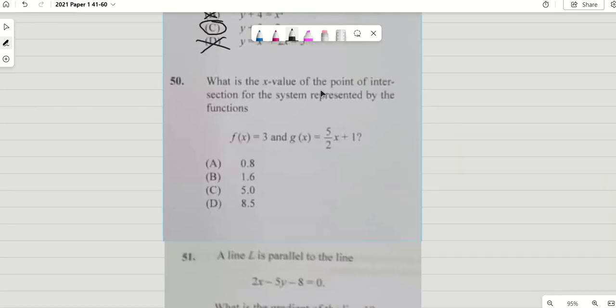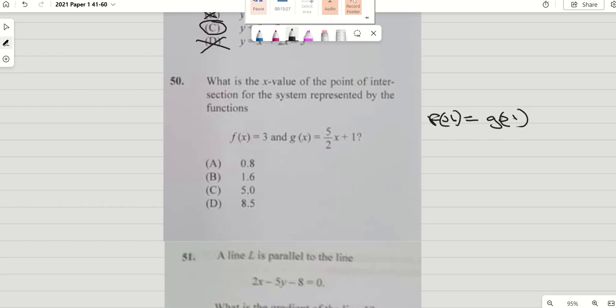What's the x value of the point of intersection for the system represented by this function? Okay, so the point of intersection means f of x is equal to g of x, right? It is where these two meet up. Say I use the function 3 is equal to 5 over 2x plus 1 and make x the subject. You're going to carry across plus 1, that's 3 minus 1 is equal to 5 over 2x.